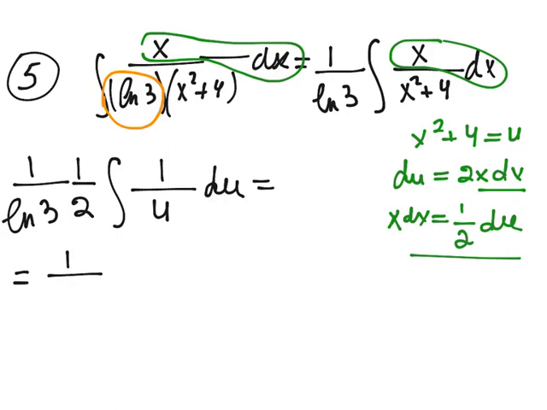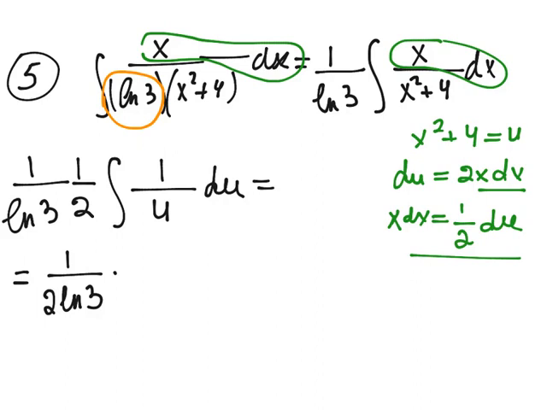First you start with 1 over 2 ln 3. It depends on your choices. If it's multiple choice, they might express it as 1 over ln 9, because the denominator is the same as ln 3 to the power of 2, which is ln 9. So it doesn't really matter.